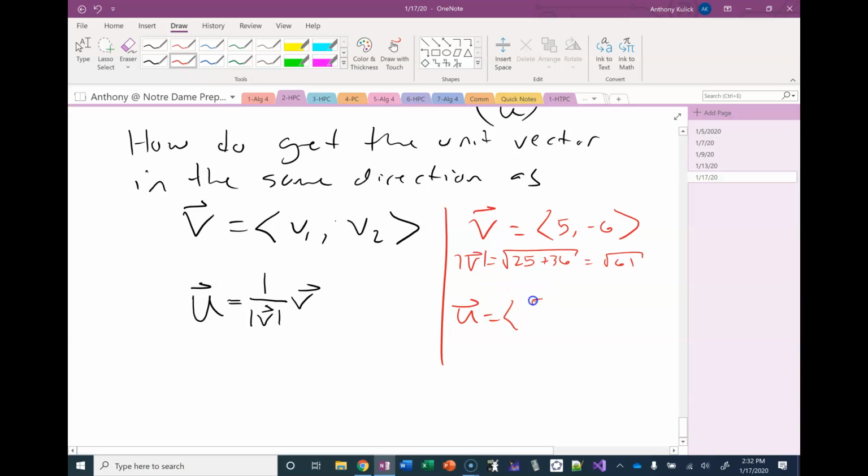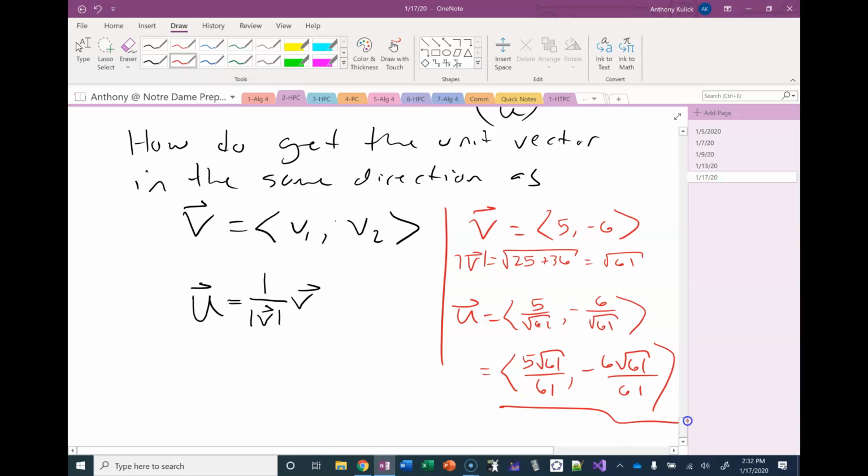So u should be 5 over square root 61, negative 6 over square root 61. Who likes the way that answer looks? All of you guys should say no, I don't like that. What's wrong with it? Radicals on the bottom. So we really want 5 square root 61 over 61, negative 6 square root 61 over 61. And that's what we really want that to look like.